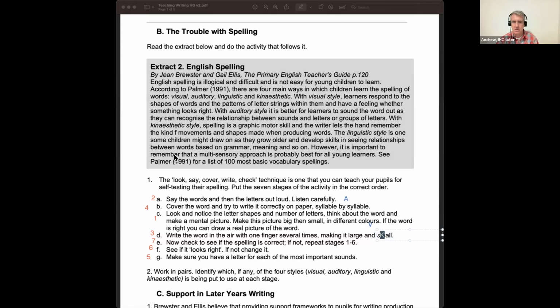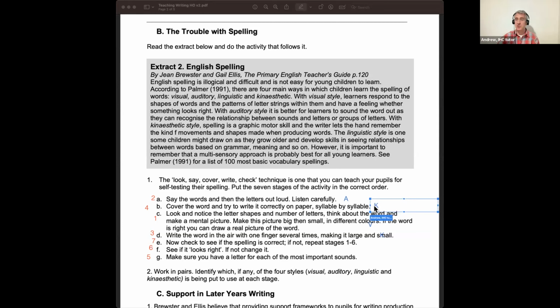Number four, cover the word and try to write it correctly on the paper, syllable by syllable. If it involves action, then it's visual and kinesthetic? No, it doesn't involve visual, but it's kinesthetic, because it's covered, so there's no visual there.